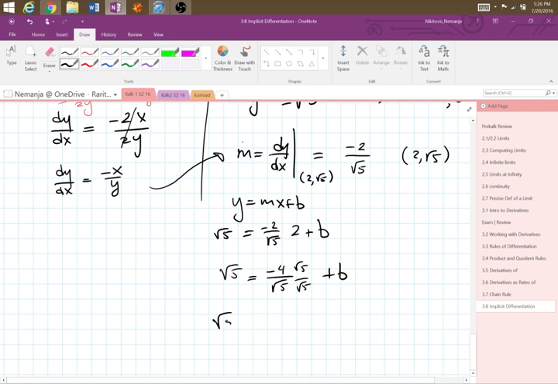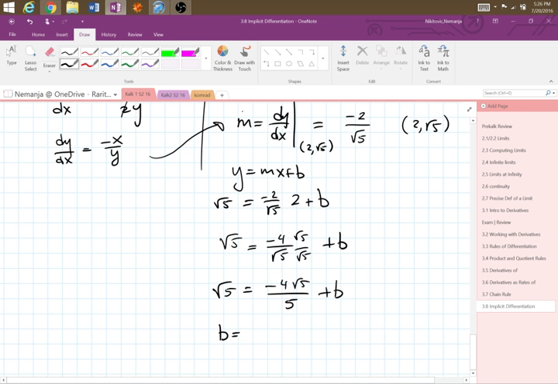So root 5 is equal to negative 4 root 5 over 5 plus b, and finally b is equal to root 5 minus 4 root 5 divided by 5. So now you can combine these. If you can get the decimal value, no one technically cares.